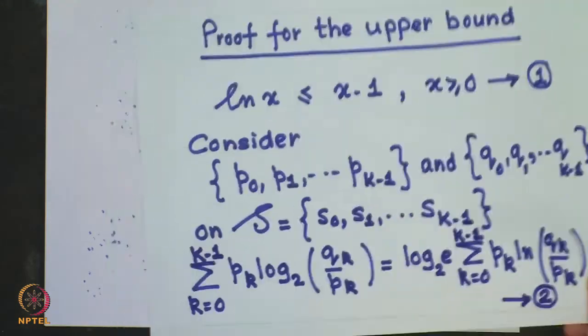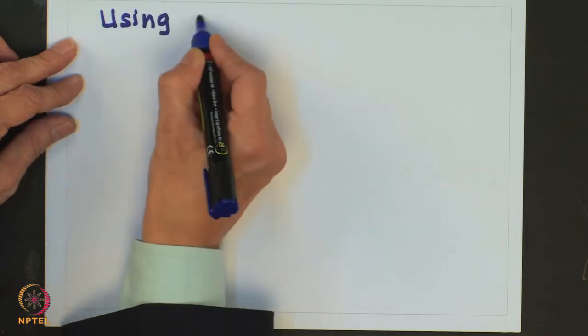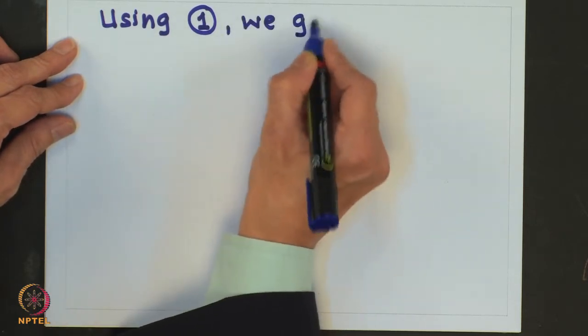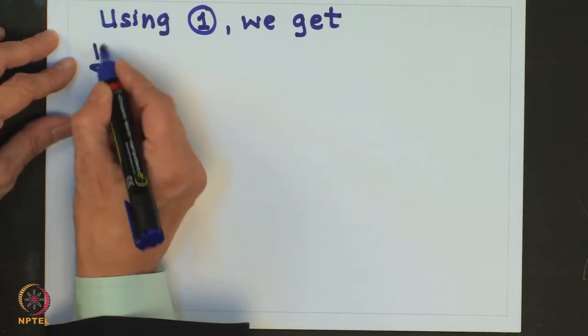So, now using 1, we get the following relationship.